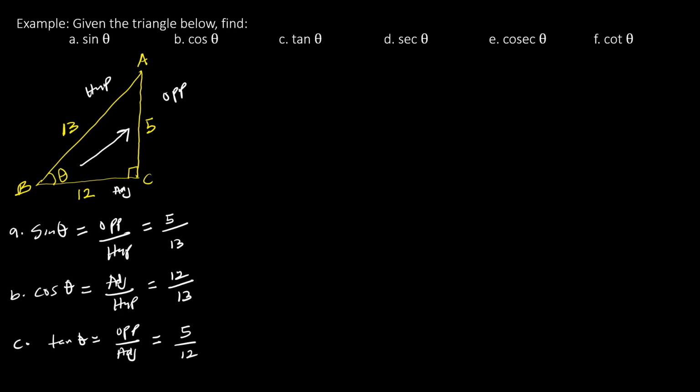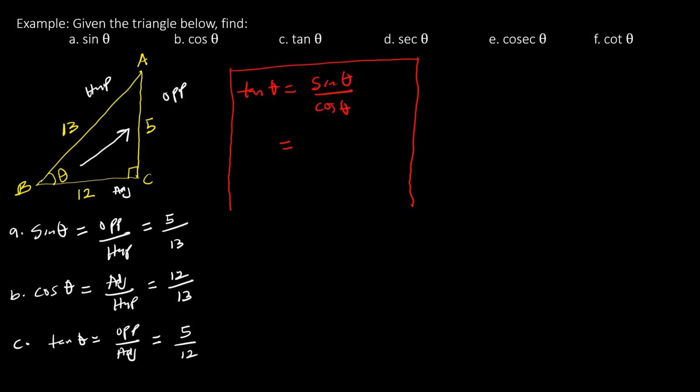Now, just as a sidebar, let me draw a box here. We should note that tan theta equals sin theta over cos theta. To prove this, we already have our tan theta equal to 5 over 12. Now let's check if we divide sin theta by cos theta, whether we are going to have the same thing.